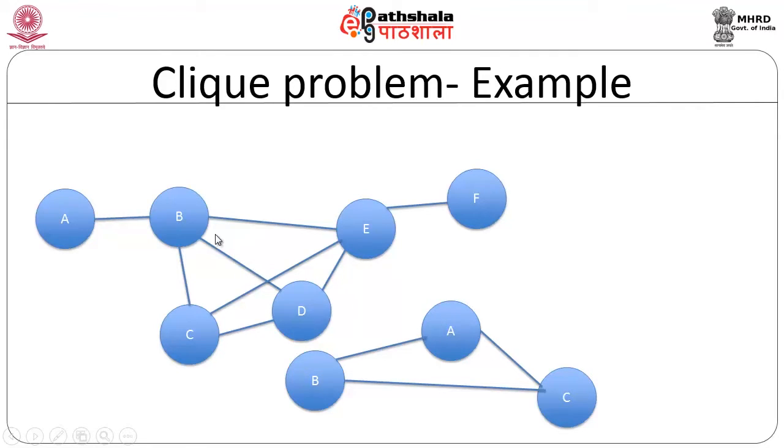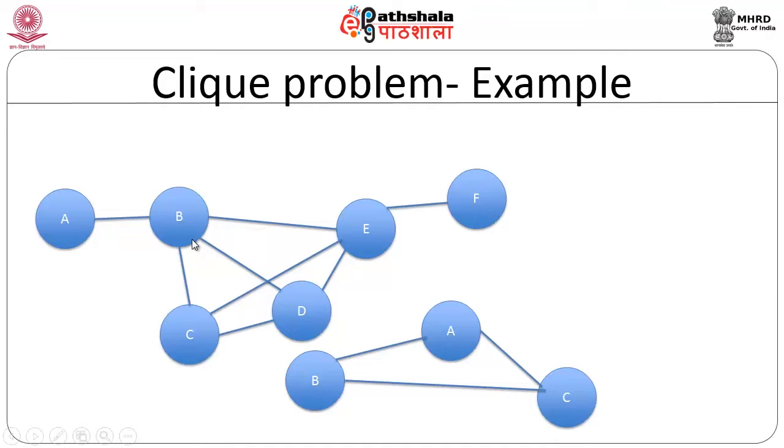Take this example, a graph with vertices A, B, C, D, E and F. The clique problem asks for a subset which is a complete subgraph.